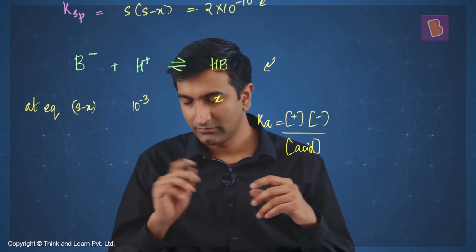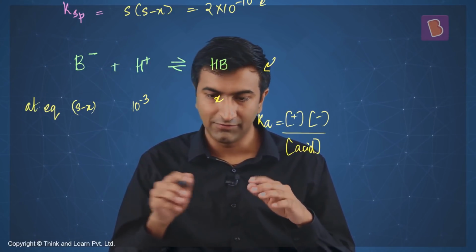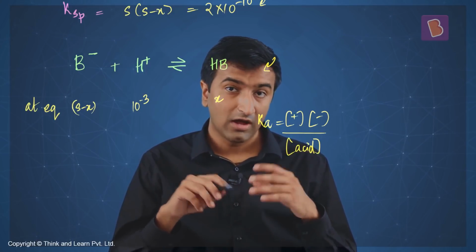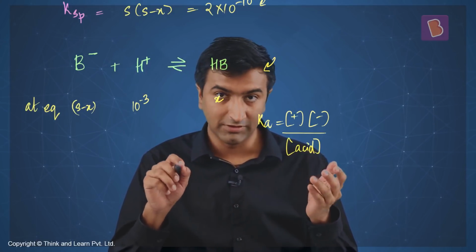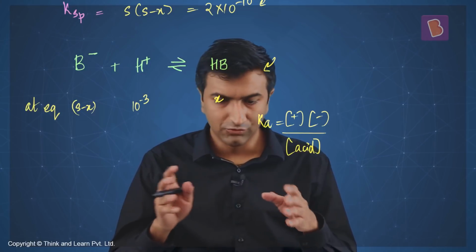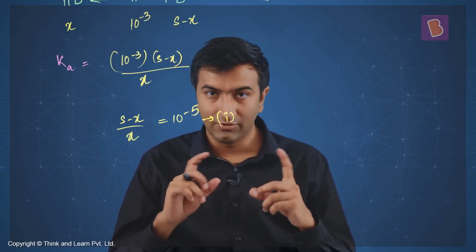It's the same idea. And once we set up that expression, we figure out how much of the HB is formed, and using the Ka value, we formed a couple of equations, two variables, and we slightly divided them to get rid of some things, and we got the value of SX, and we had S square minus SX. Then you substituted it there, and then it was simple math.